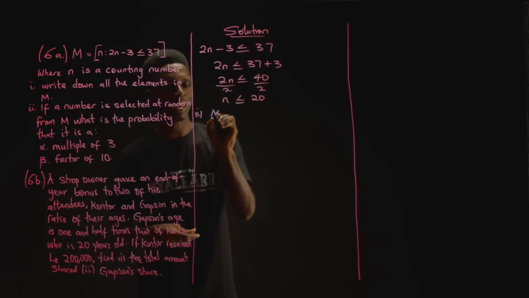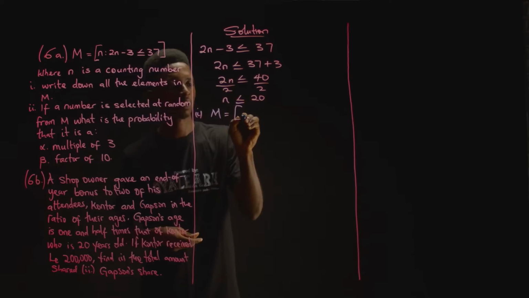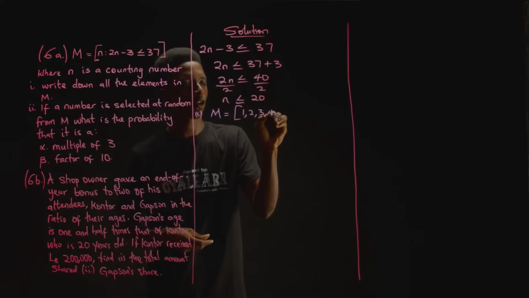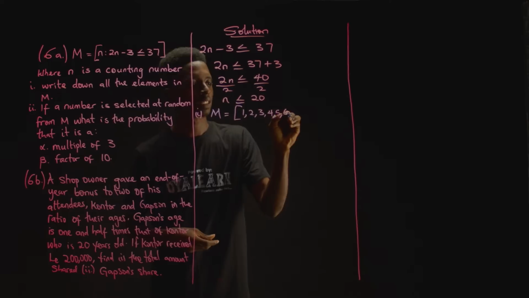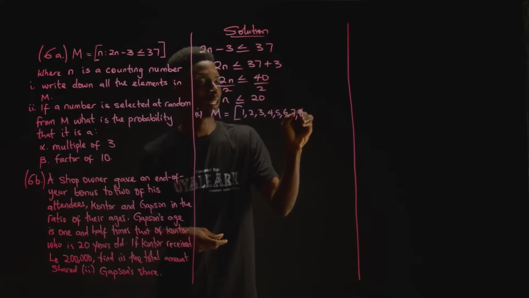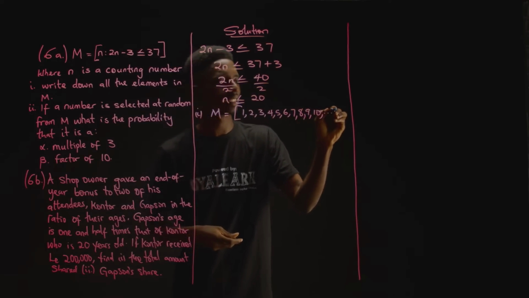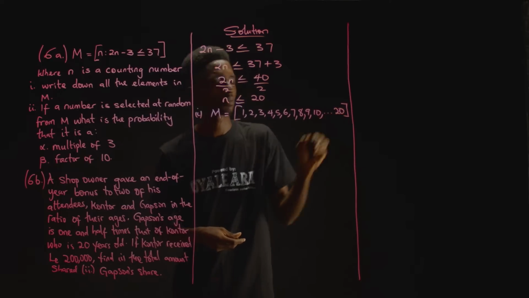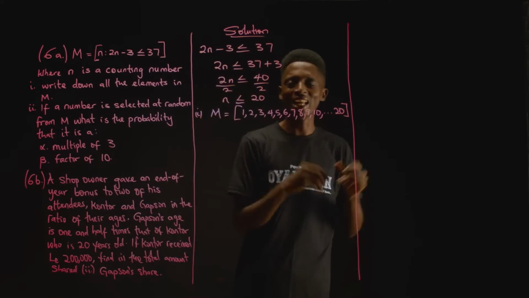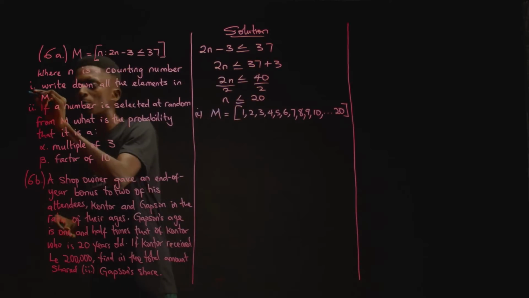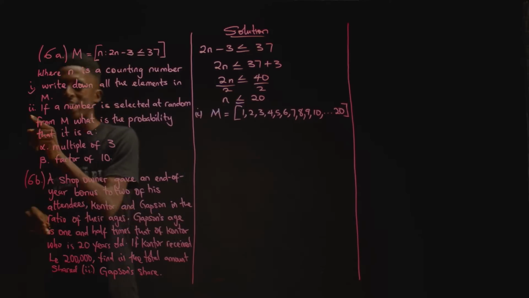So we then say M equals 1, 2, 3, 4, 5, 6, 7, 8, 9, 10, and until 20. And these are the elements of M.